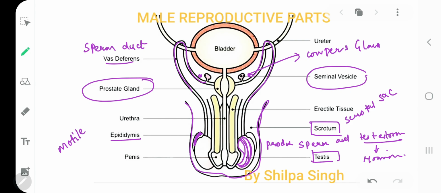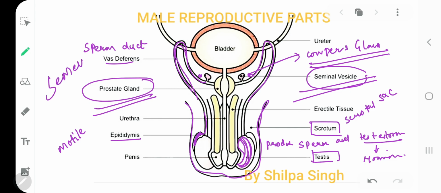Then from there, they move through the sperm duct, where they come in touch with the secretions from the three glands, that is Cowper's gland, seminal vesicle and prostate gland. When these three glands' secretions mix with sperms, this is called semen. That semen is ejected out through the urethra of the male.